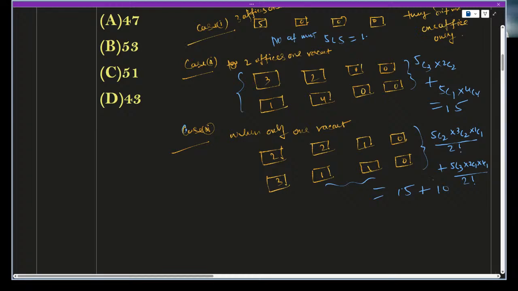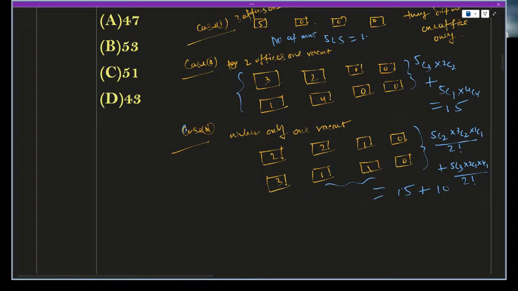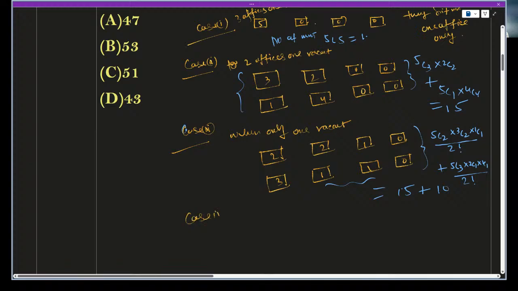Do one more case over there, that is case 4. When none of the offices are vacant.